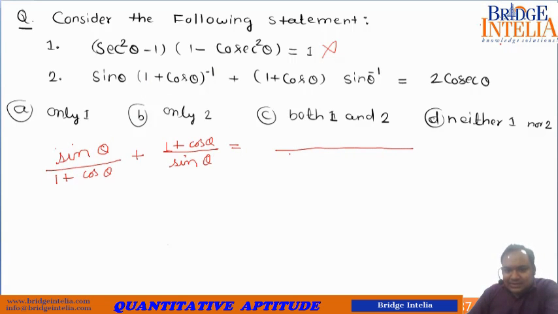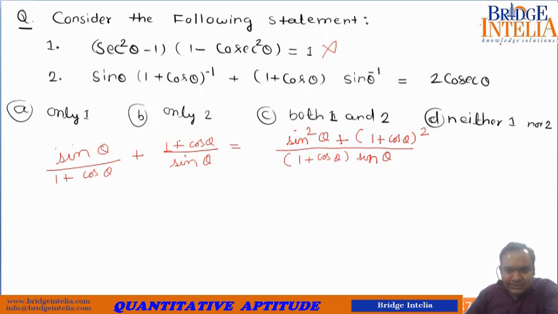I am taking the LCM of the denominators. So sine theta. If you multiply these terms, this becomes sine square theta plus 1 plus cos theta whole square.